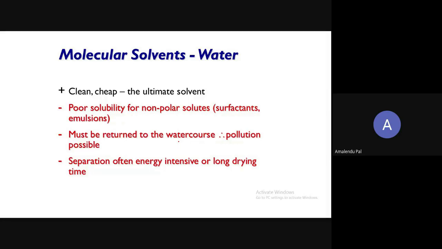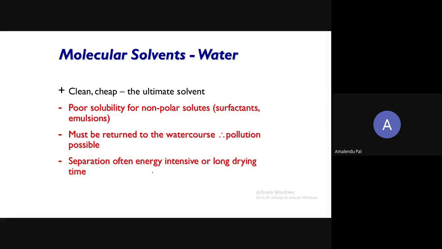If you work with water, you take the waste water, contaminated with some chemicals, and you throw it into the environment, then it is a pollution problem. Another thing, separation is often energy intensive. Because the boiling point of water is 100, you have to give energy for evaporation, for separation, and the long drying time is also a problem.